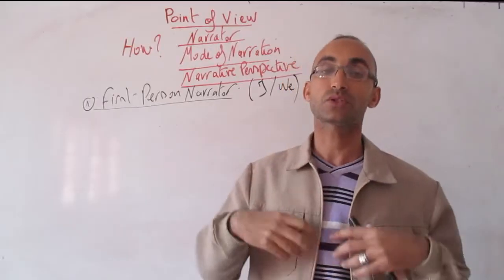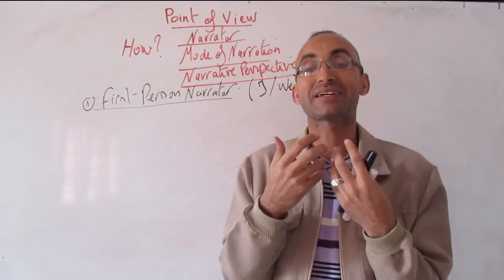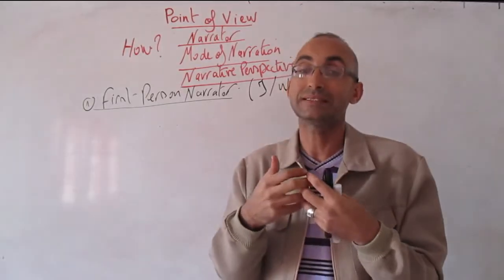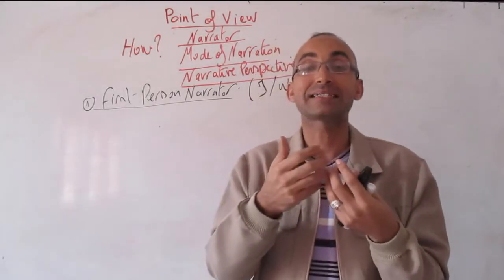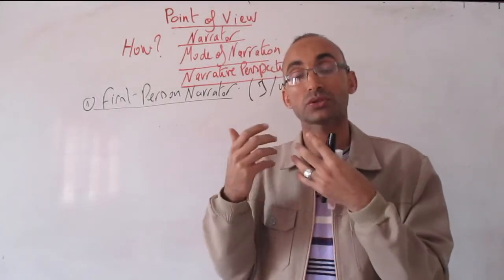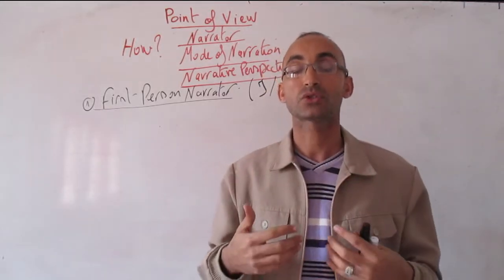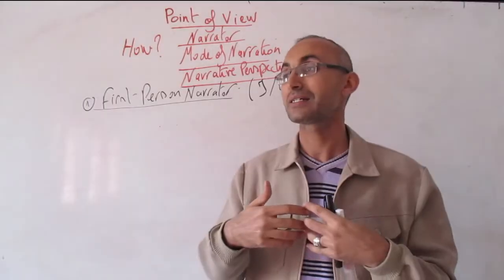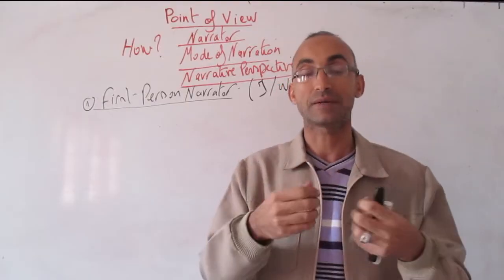So here I'm going to follow this third limited narrator who is referred to by he or she. He will guide us or she will guide us to the story events. We are going to be introduced to the novel's events, setting, and so on, thanks to this narrator.